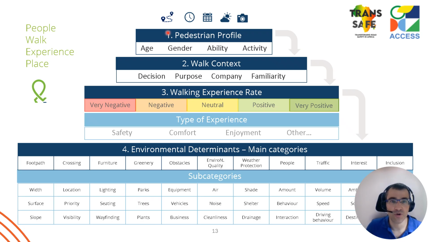Then we have information about the pedestrian profile, the walk context, the walking experience and the type of experience, and finally the environmental determinants with the main categories and subcategories. We believe that this is a holistic and in-depth data set for a good walkability study.